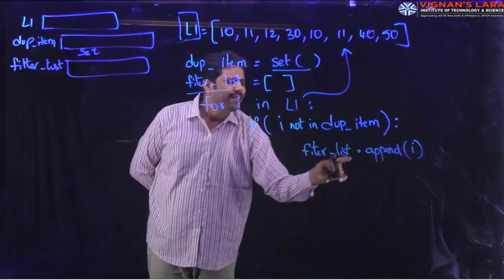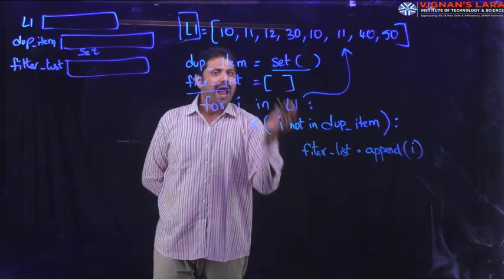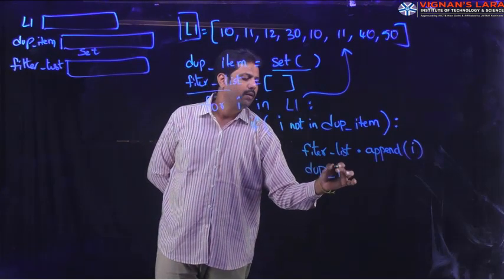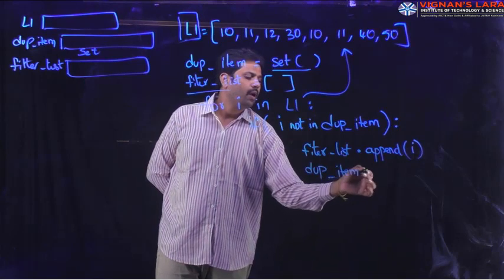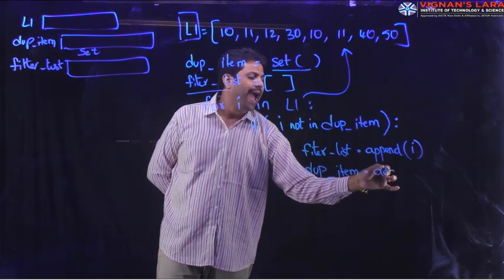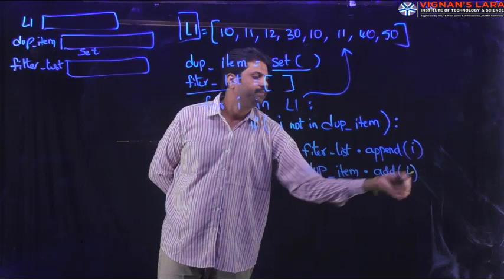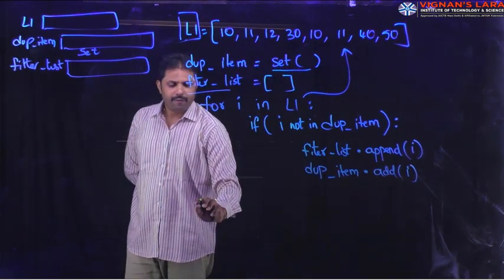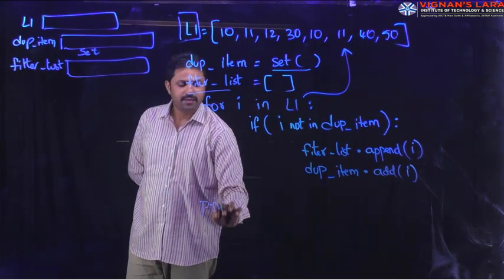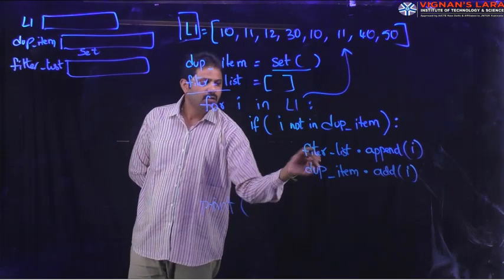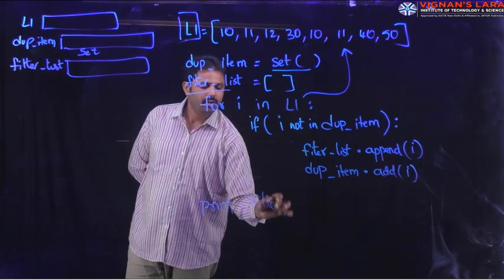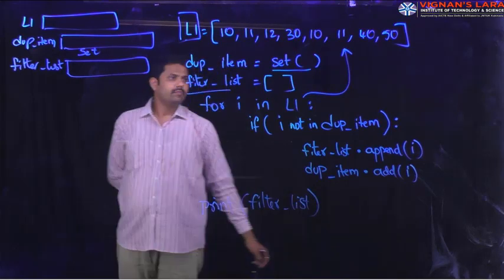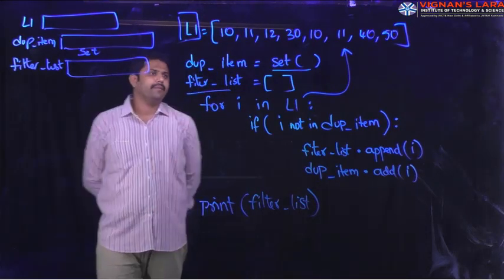Here you append the value to this filter list, and also you are going to update the duplicate item, here you are going to add of i. Finally you are going to print this filter list. Let us see what happened.